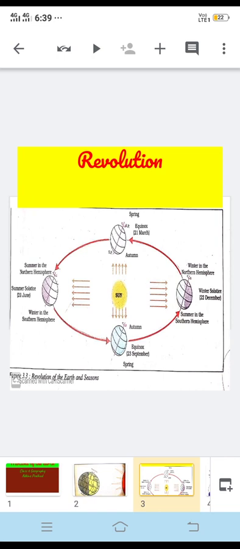The earth is warm because it is getting the sun rays, but as the sun rays will not reach that part, it will be very cold.